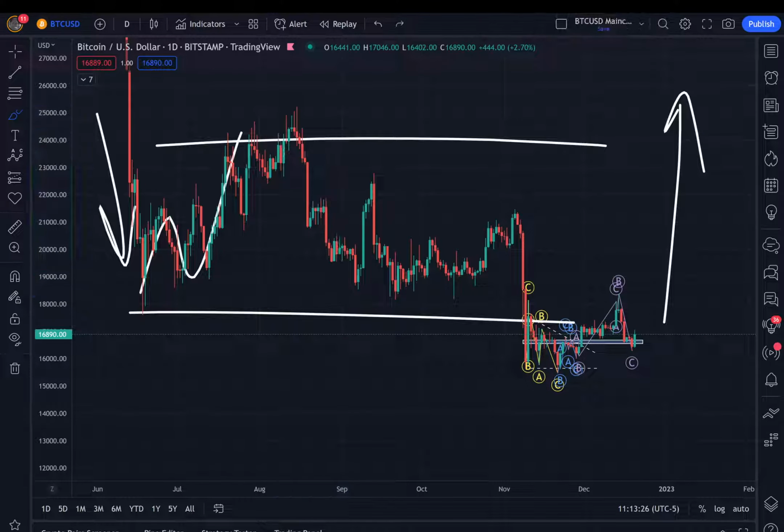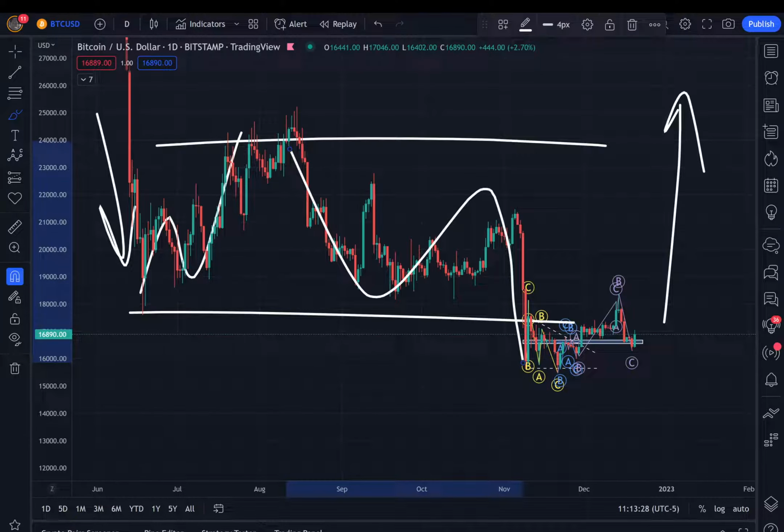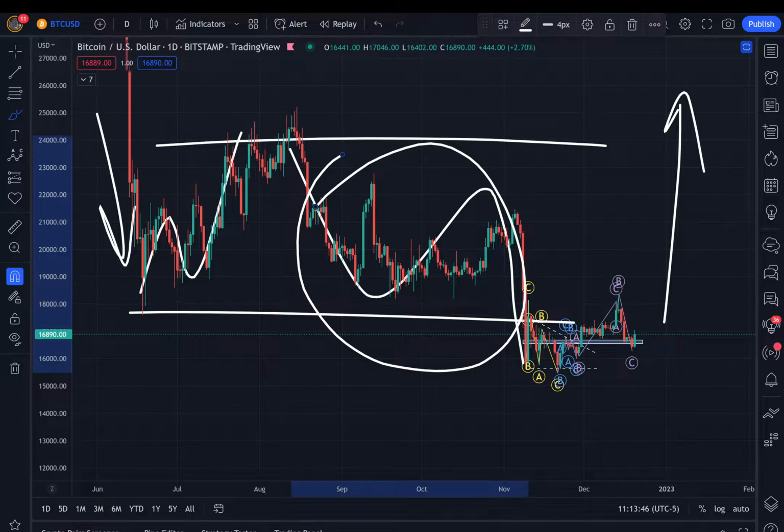This has to be the adjoining B wave. Because we came down so far, this whole thing has to be a complete B wave.